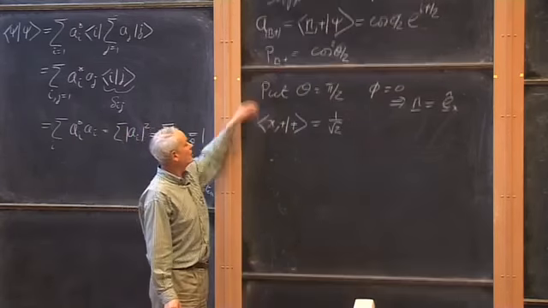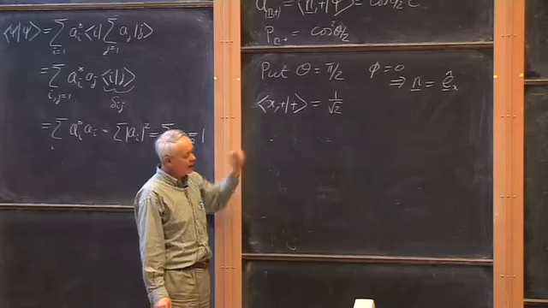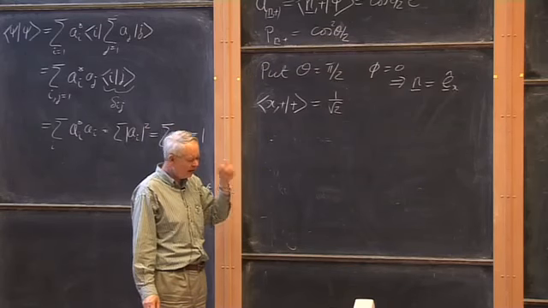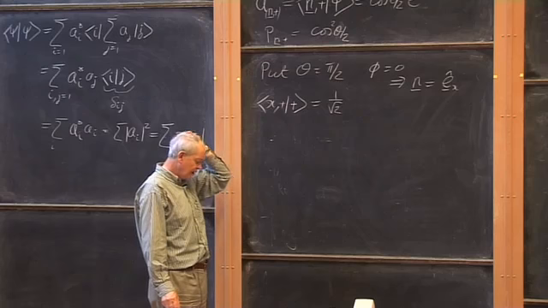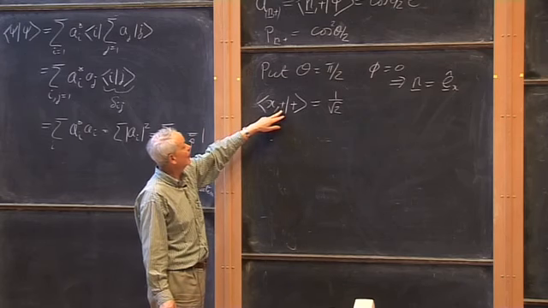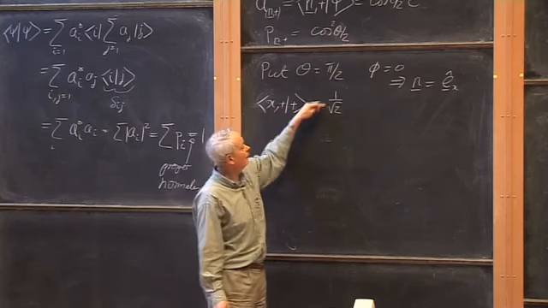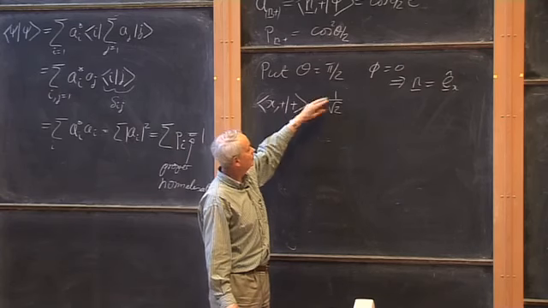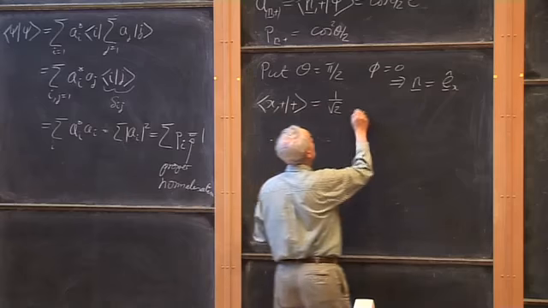So guess what? If we are guaranteed the answer plus a half for Sz, what's the probability of measuring plus along x? The answer is a half, because the probability is the square of this.